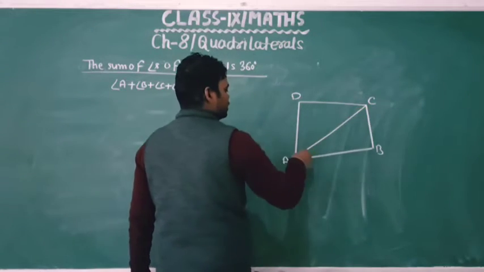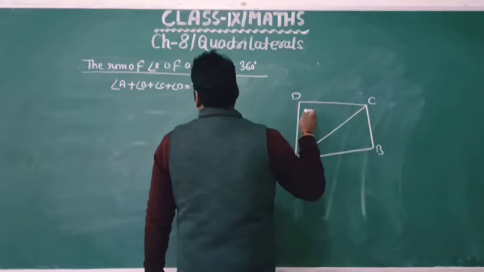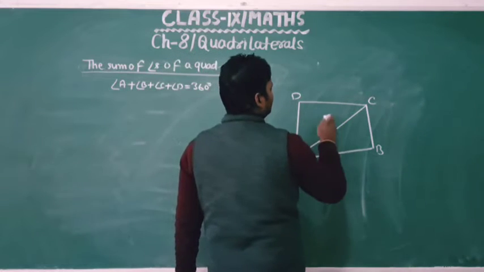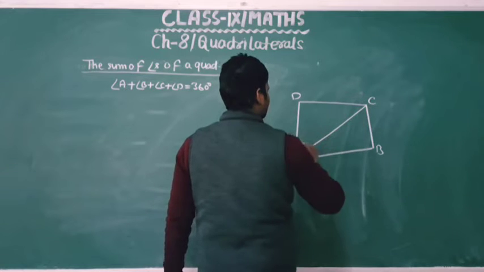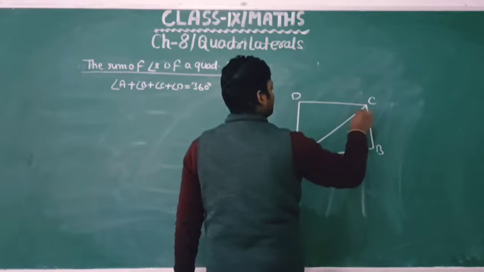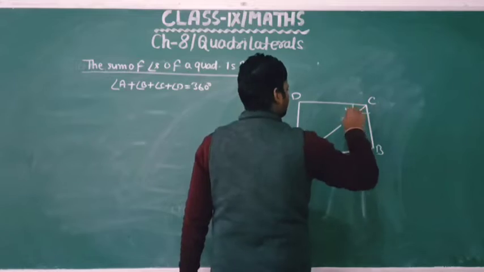Suppose this is a diagonal AC dividing the quadrilateral into two triangles, and angle A and angle C are also divided. This is angle 1, angle 2, this is 3, and this is 4.